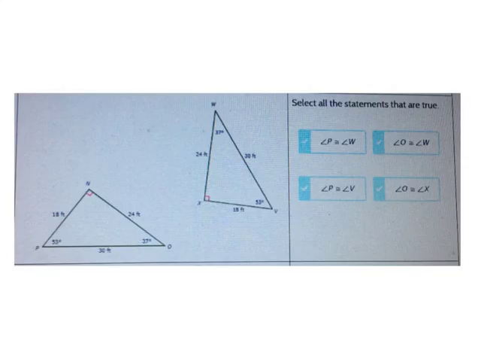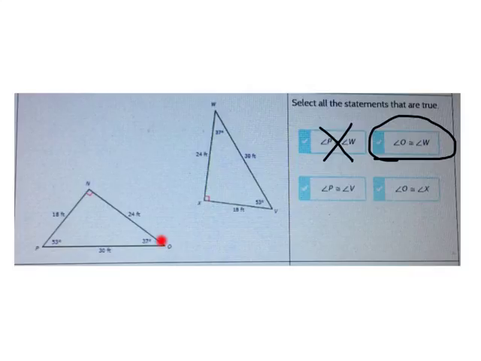Select all the statements that are true. Is angle P congruent to angle W? No, those are not corresponding angles in this figure. Is angle O congruent to angle W? Yes, those are corresponding angles.